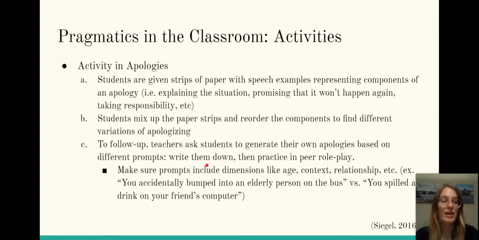And then they can practice in role play and compare and discuss, like we talked about earlier. But putting these together can help with writing apologies, with reading apologies, with listening to each other in the role play, and with speaking. So that's reading, writing, listening, and speaking all practiced in this activity.